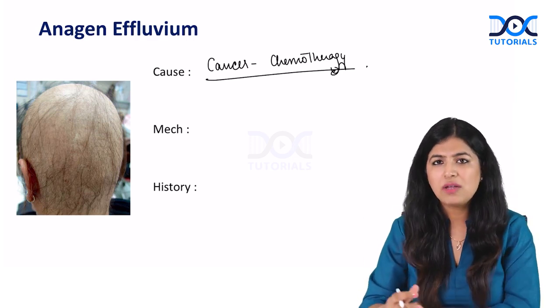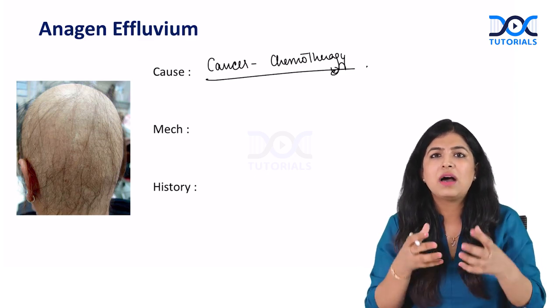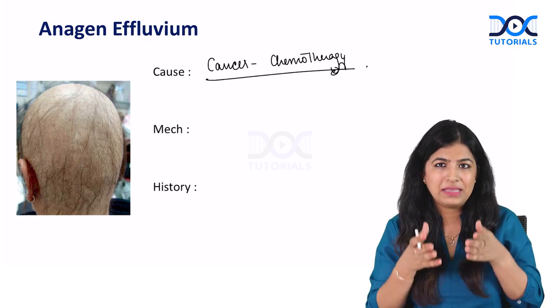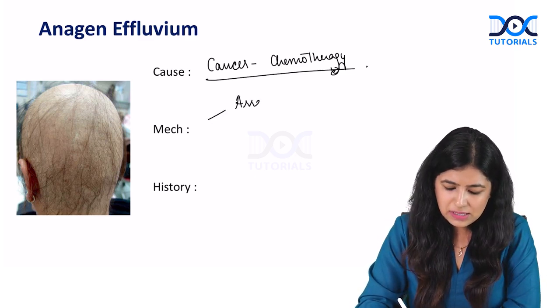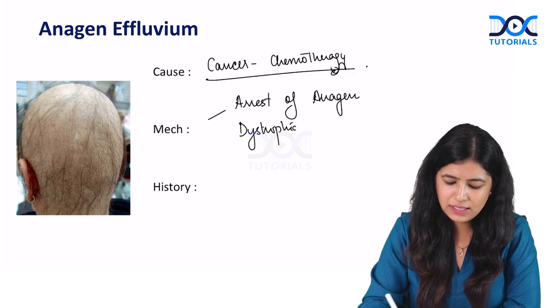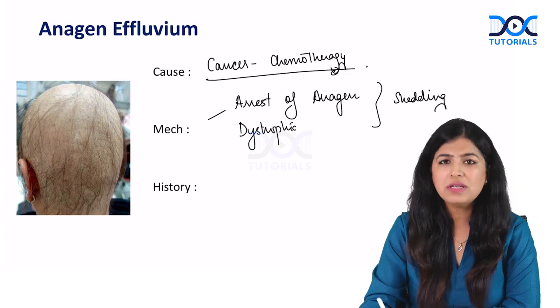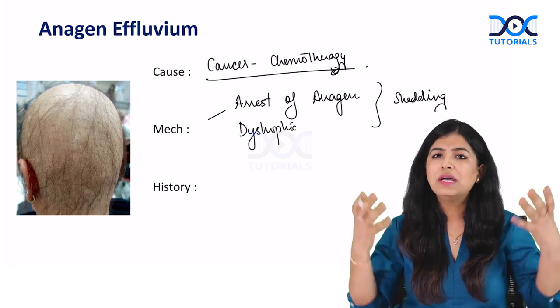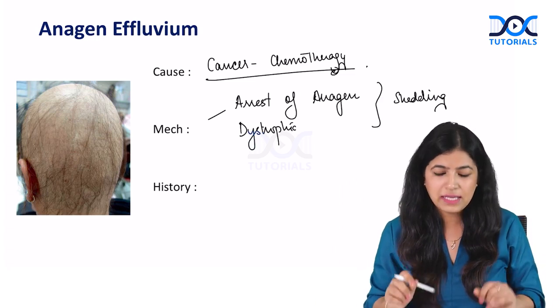So the anagen hair, which are rapidly dividing, are the most affected by these chemotherapy drugs. It causes an arrest of the anagen phase and the root becomes dystrophic, ultimately leading to the shedding of the hair. The patient comes with a history of excessive shedding of hair within 2 weeks of starting chemotherapy.